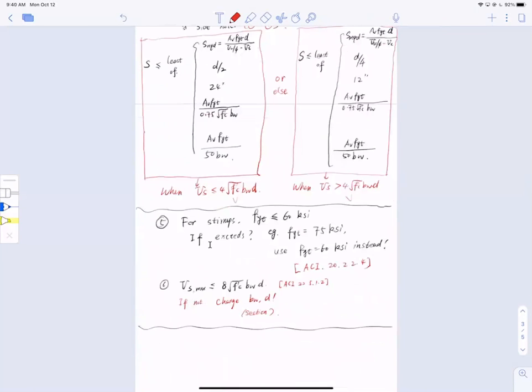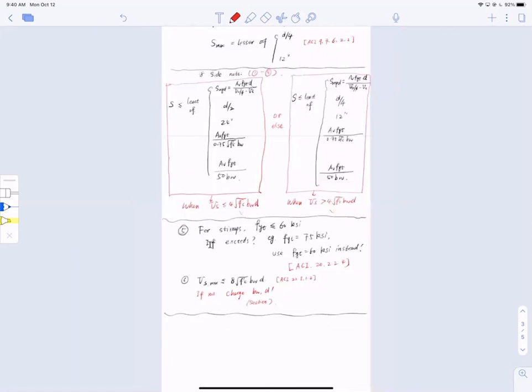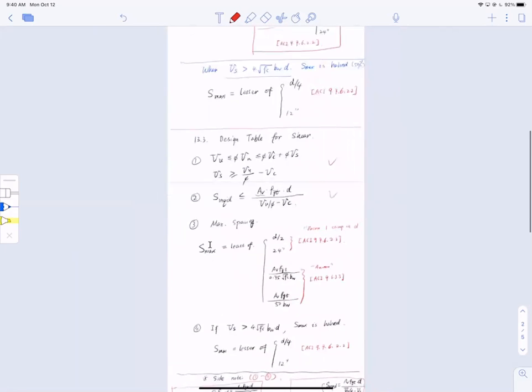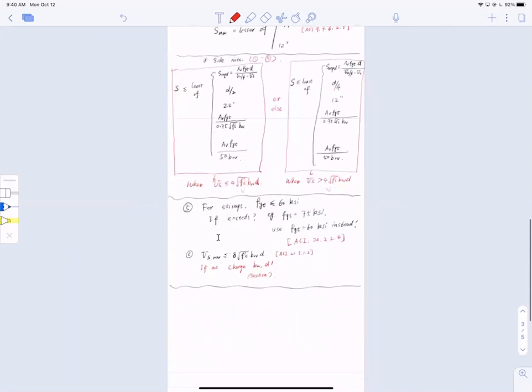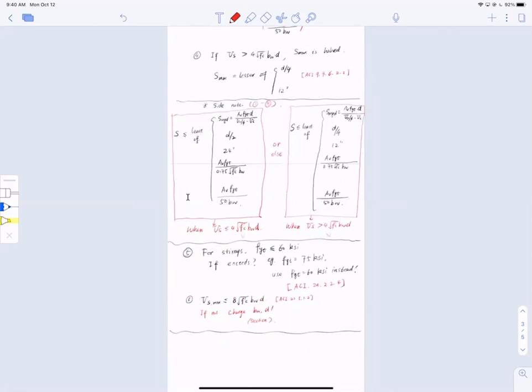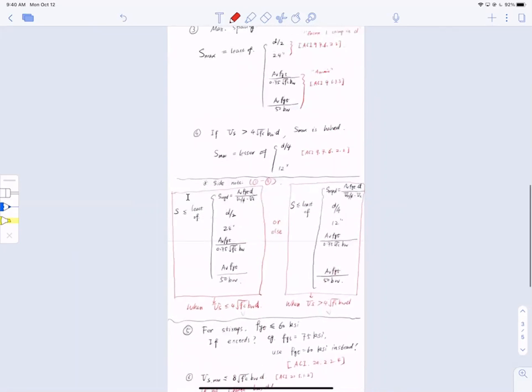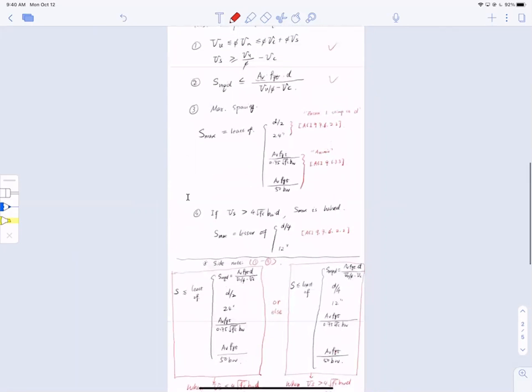So this is essentially all the equations you need for shear. It's a little bit dry still, I understand, sorry for it, but this is what we have, a design flow process. We will talk about how we're going to implement it on Thursday.